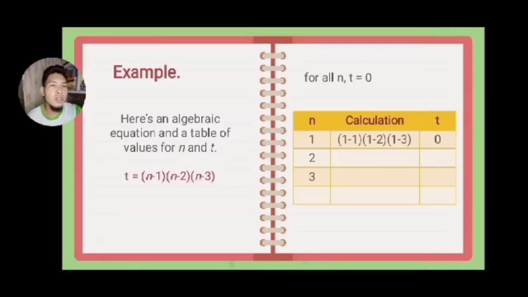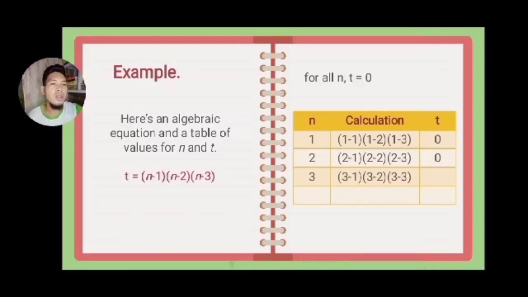If we calculate it all, the result is 0. Same as in 2, we will replace n with 2: 2 minus 1 is equal to 1, 2 minus 2 is equal to 0, and 2 minus 3 is equal to negative 1. If we calculate it, the result also is 0.